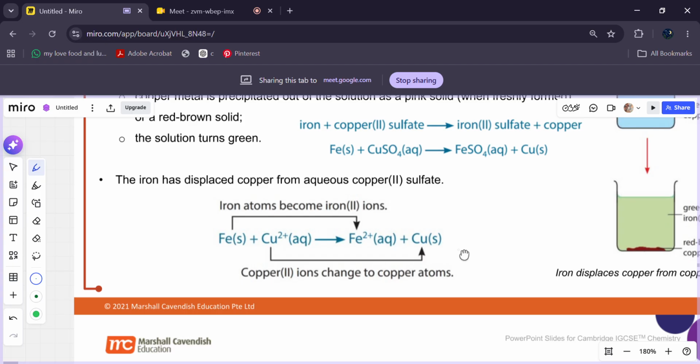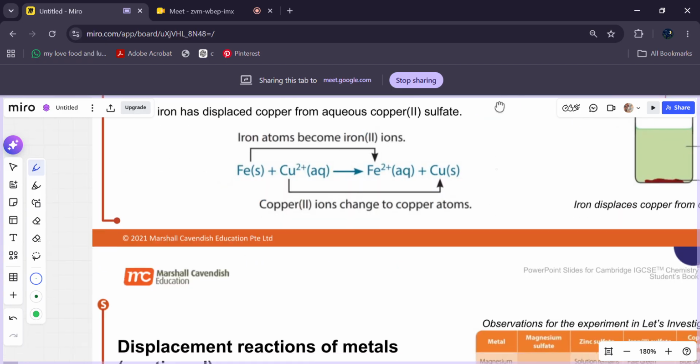On the other hand, if a piece of copper foil is dipped into aqueous iron(II) sulfate, no reaction occurs because copper is less reactive than iron. It has a lower tendency to form ions compared to iron. Thus, it cannot displace the iron from its salt solution.